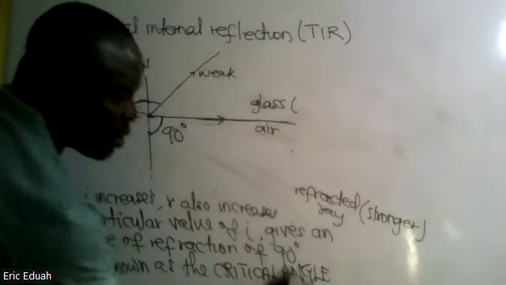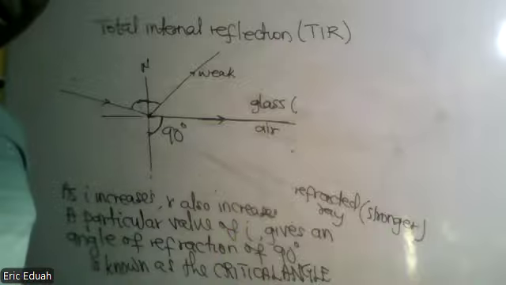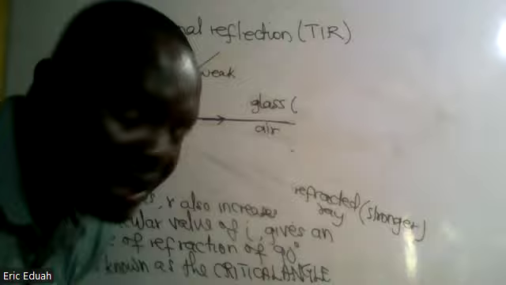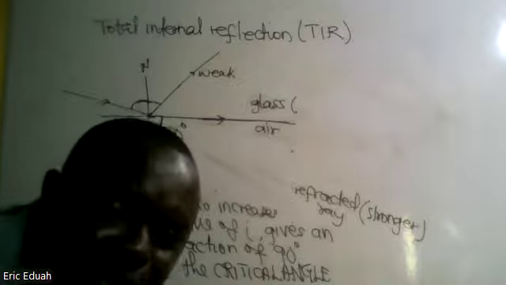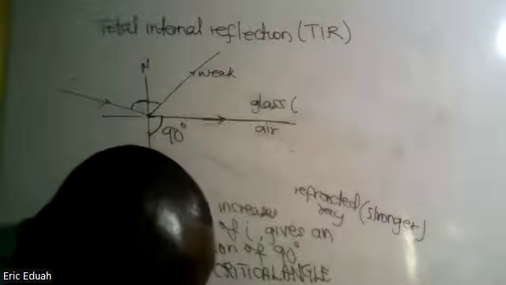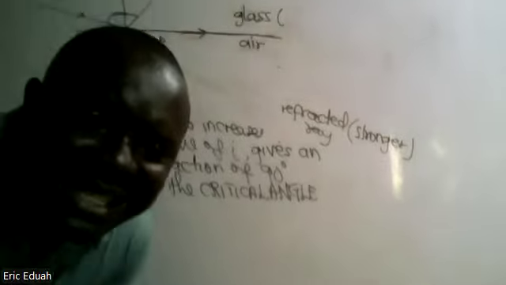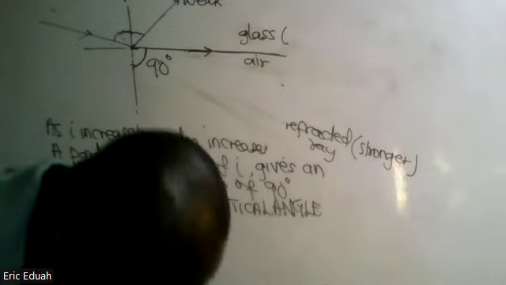So, what is the critical angle? The critical angle is the angle of incidence in a denser medium that produces an angle of refraction of 90 degrees.